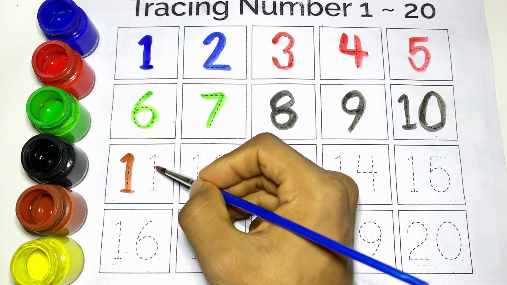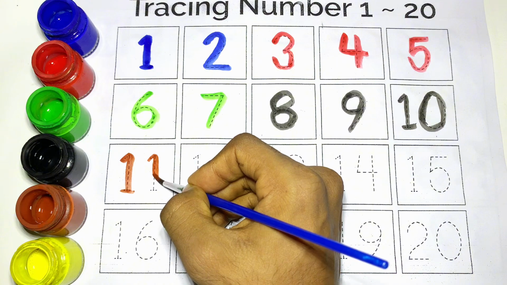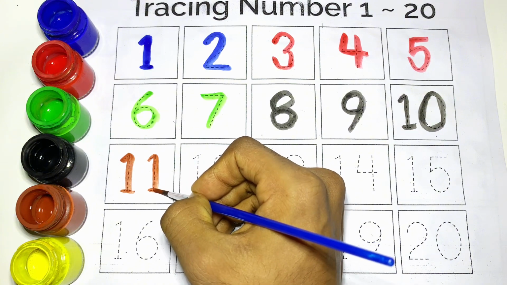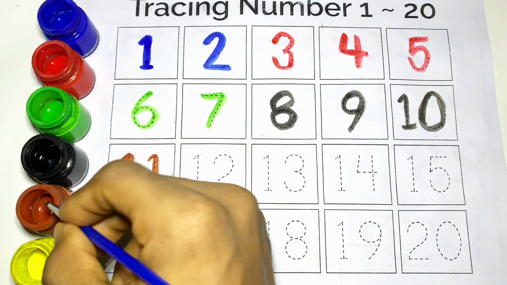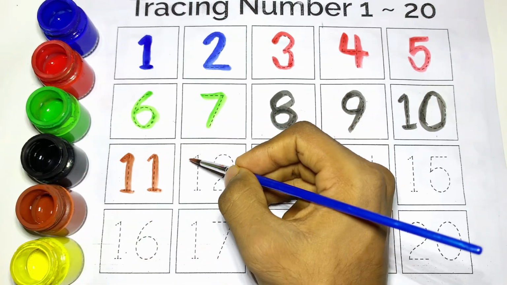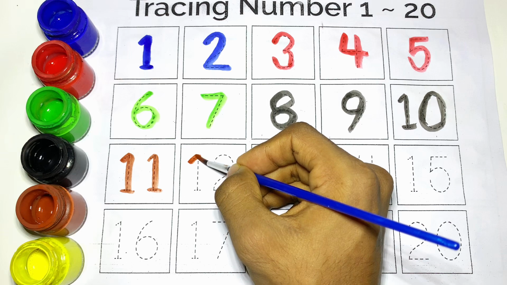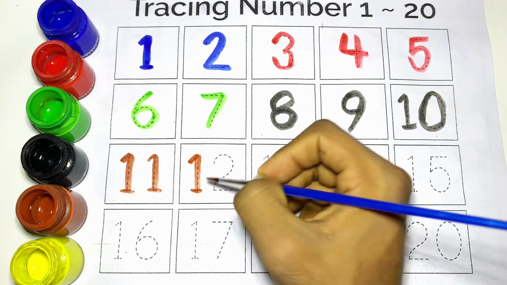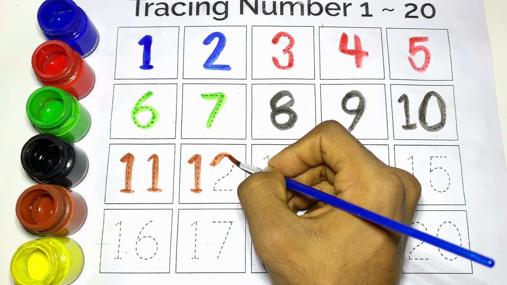Kids, again use brown color and draw 11. Kids, now draw 12, and again use brown color. The number 12.